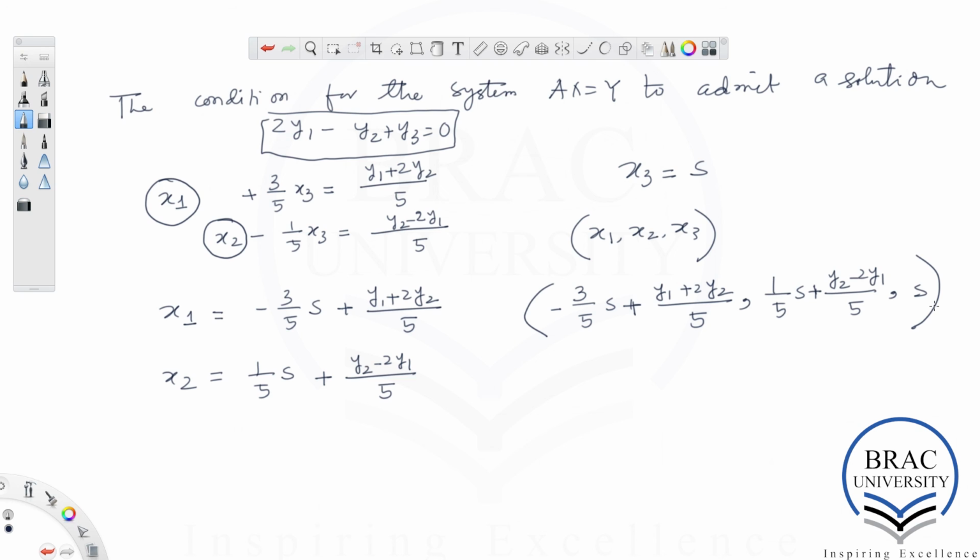All right. So this was an example demonstrating the method of solution of an inhomogeneous system of linear equations. Now let me list the suggested exercises for you.